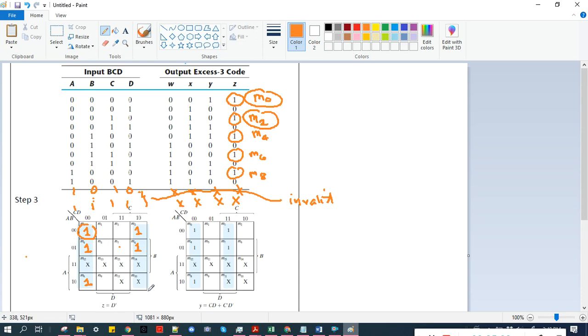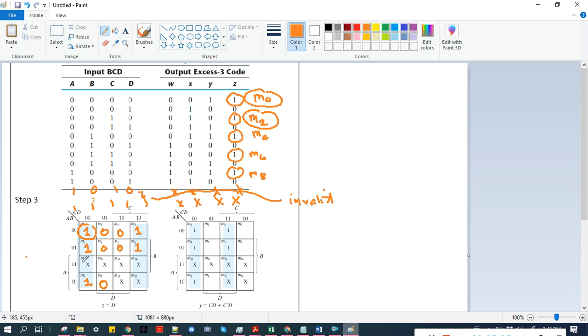After minterm 9, 8, 9, it wrote down don't care conditions. Minterm 9 is 0. For the rest, for 10, 11, 12, 13, 14, 15, it's don't care.